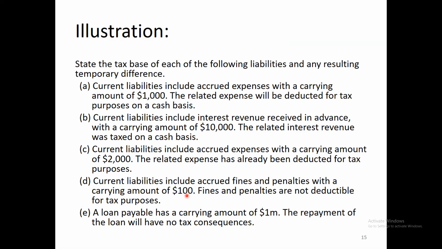This year we have not paid. According to the accounting rule, we have to deduct this fine of 100 rupees as an expense. But in the tax rule, even if they pay next year, will they accept it as a deduction? Fines, donations, entertainment expenses, some provisions are not deductible, right? Then there are no future deductions.